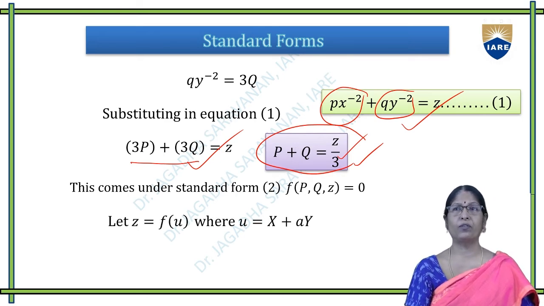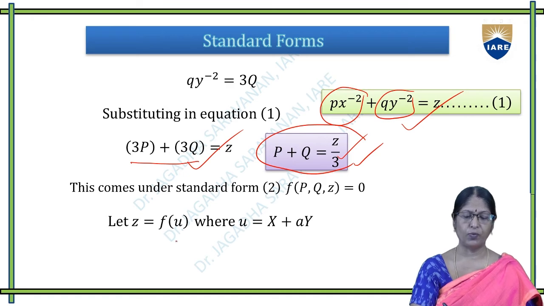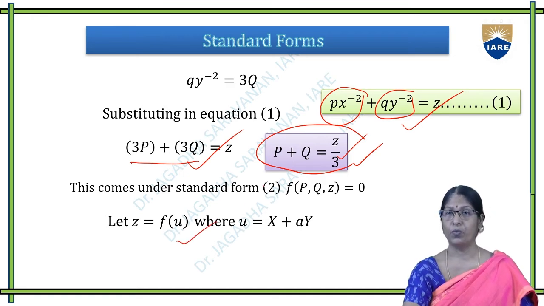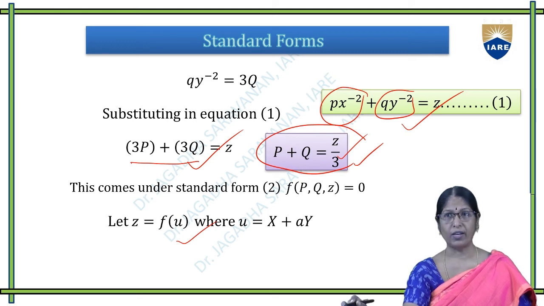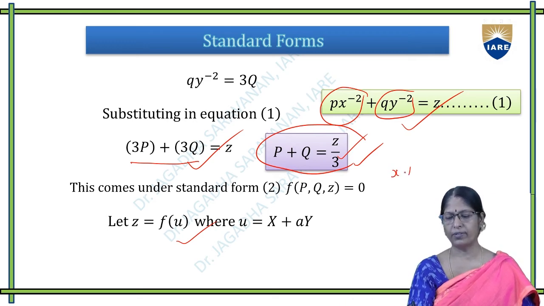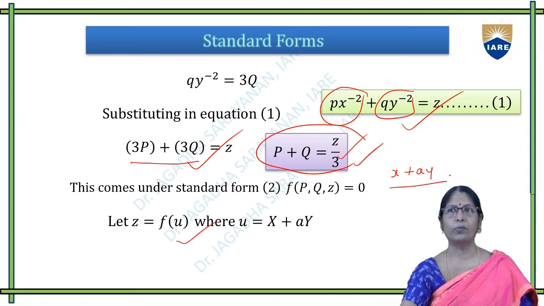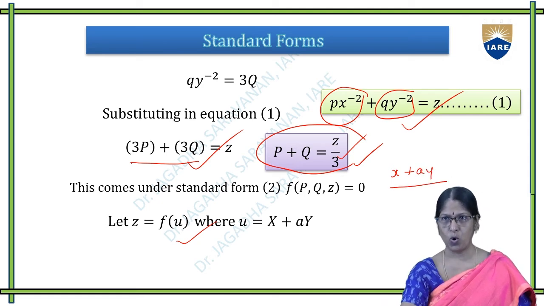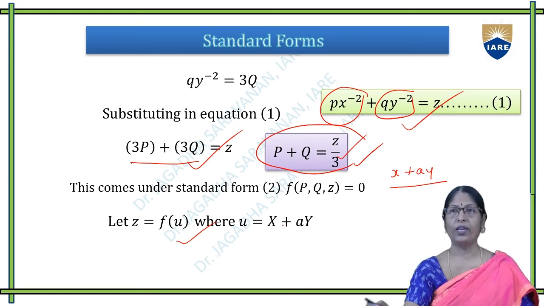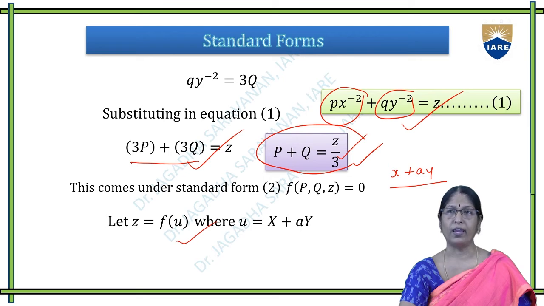According to the standard form 2 steps, we have to assume let z equal to f of u, where u equal to, according to standard form 2, x plus ay. The variables are in small letters only, whereas this is the standard form 5 problem where we initially introduced capital X and capital Y. So that is the reason u equals capital X plus a capital Y.